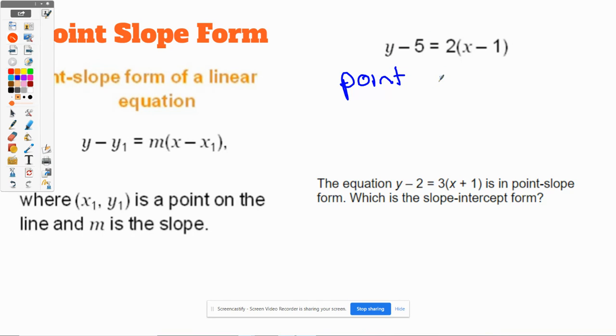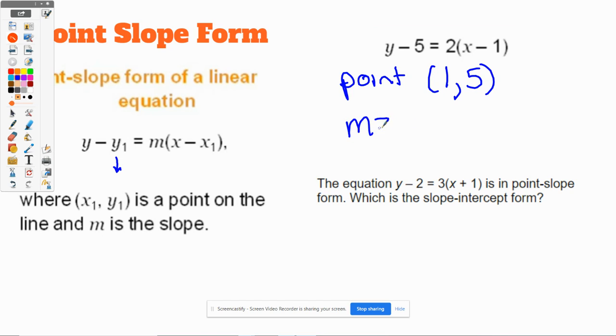And you're going to have to change the sign on both of these. You see how it says x minus x1? So that means that 1 is what the x coordinate is, because x minus and then x1 would be 1. The y coordinate of the point would be y minus, the y1 is right there, so that will be 5. The point on the line is (1, 5).